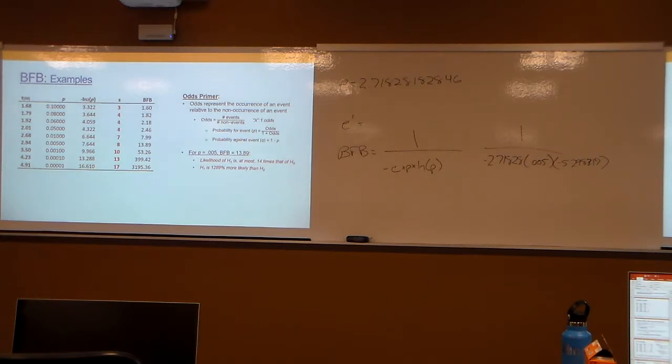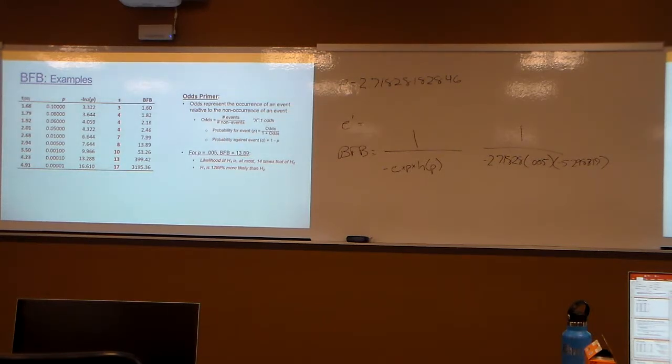So we could interpret that as pretty strong evidence for the alternate hypothesis relative to the null. Alternatively, we can take that 13.89, subtract 1 from it, and say that our alternate is about 1,289% more likely than the null hypothesis, if we wanted to talk about this in percentages, right?